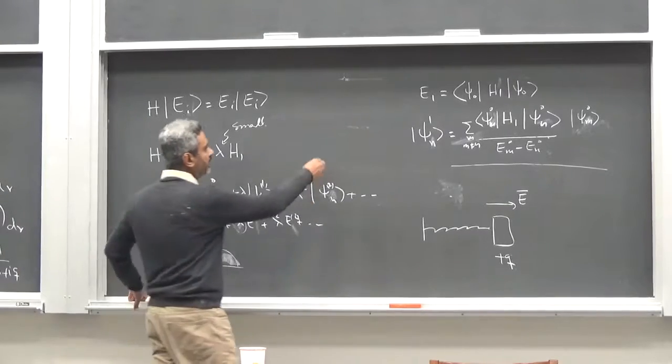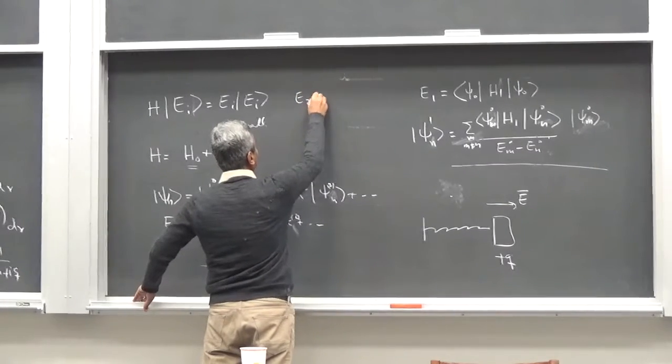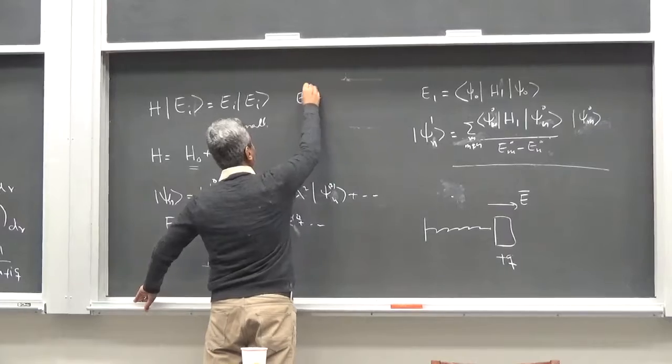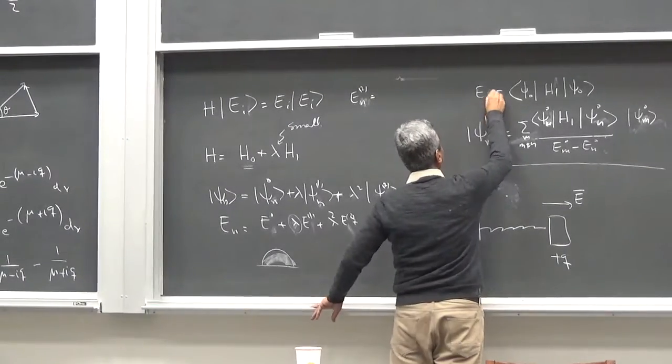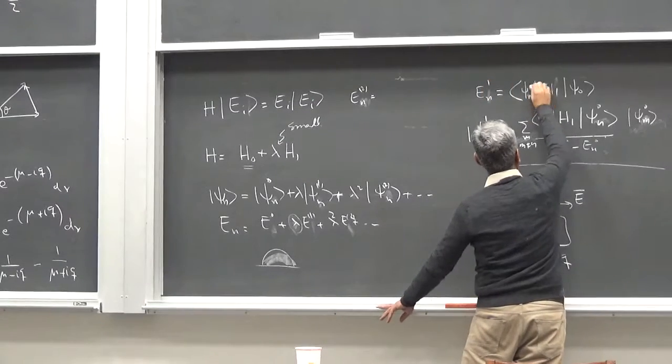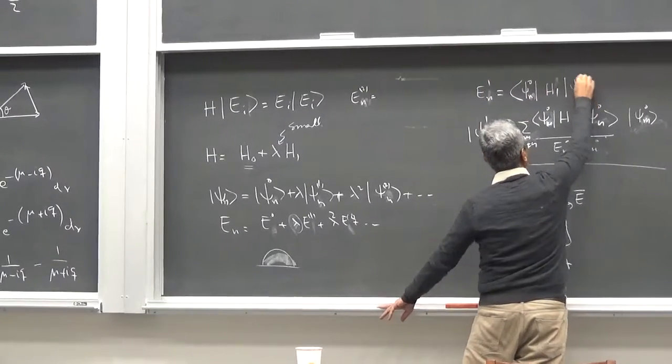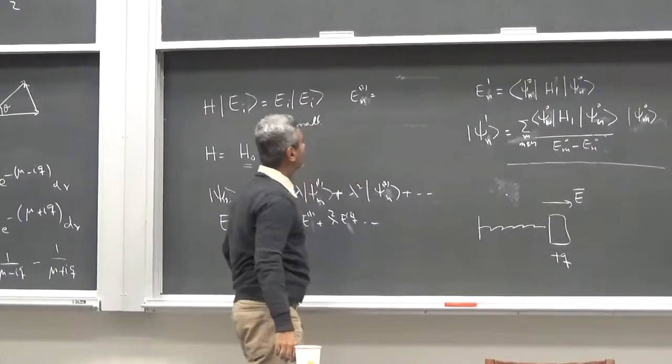So by the way, you can also write E_n^2, so this is E_n^1, psi_n^1, right now. Right?